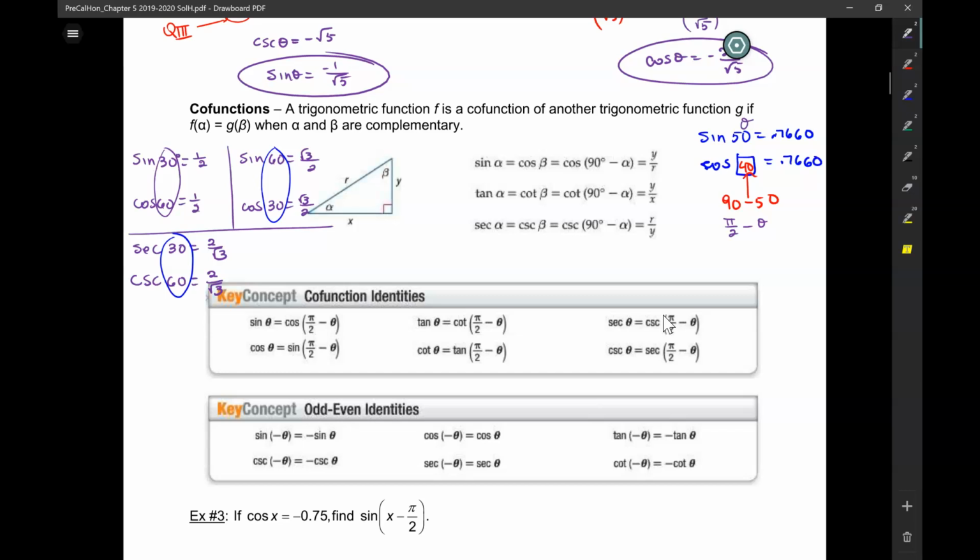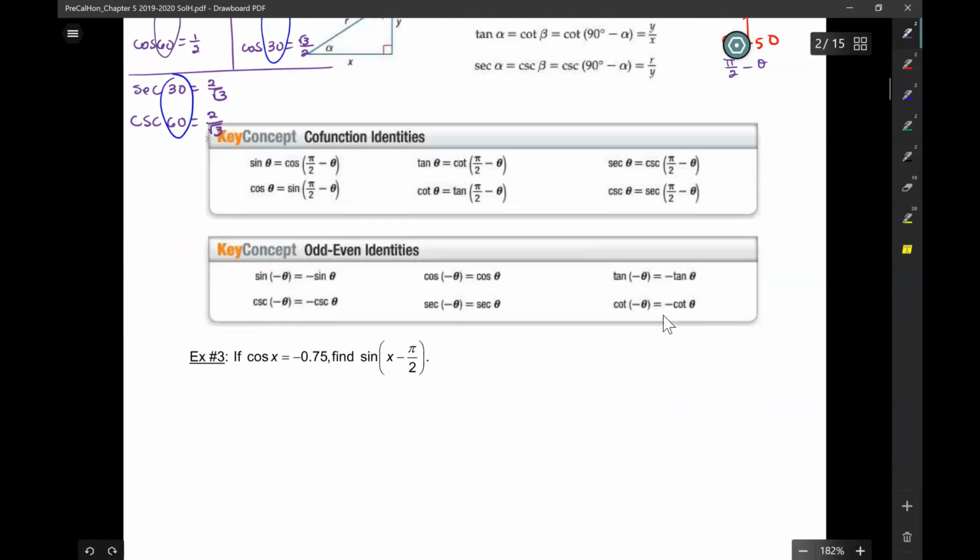So, cosine of pi over 2 minus the angle is the same as sine of the angle. Tangent of theta is the same as cotangent of pi over 2 minus theta. Okay, so those are co-functions. Just make sure that these are complementary.